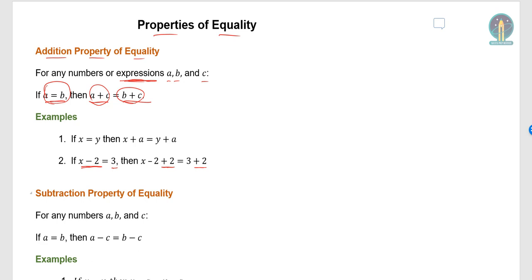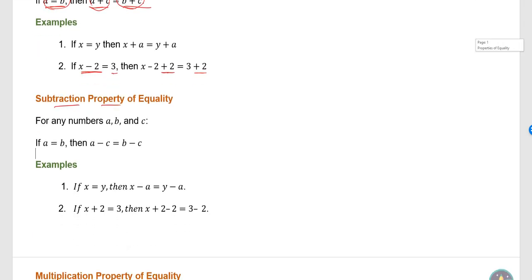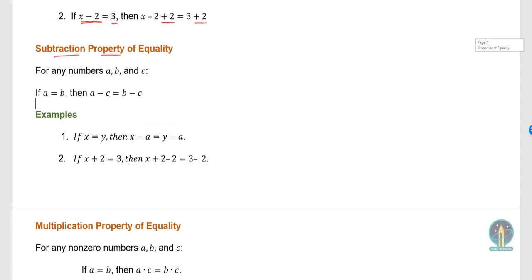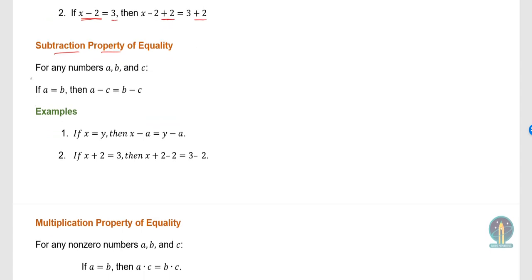The other property of equality is the subtraction property, okay, and it's very similar to the addition property, but obviously it involves subtraction instead of addition. Now, for any numbers a, b, and c, if a equals b, then a minus c is equal to b minus c. So subtracting the same expression or number or value from both initial expressions keeps the equality constant.